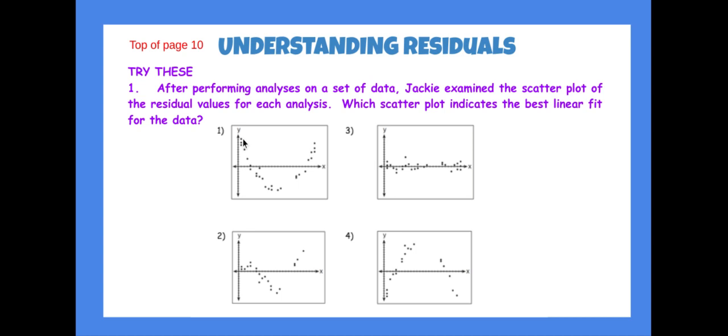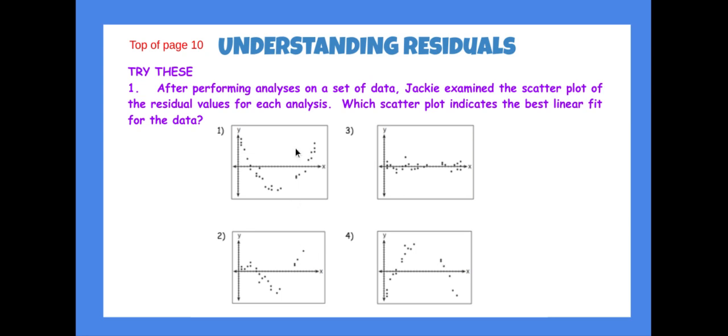Now you look at the first answer. This is like a nice, pretty U, very non-random. This one goes in a nice, pretty shape. This one's all over the place. And this one almost has a U and then hops over here. So we would say that answer choice 3 would be the best fit because it's the most random.